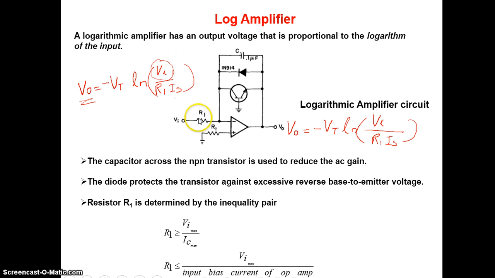Also it should be less than the maximum input voltage divided by the input bias current of the op-amp. The first will be in the kilo ohm range, and the second in the mega ohm range. So you have to choose an R1 in between these two values. That is the design constraint on this log amplifier.